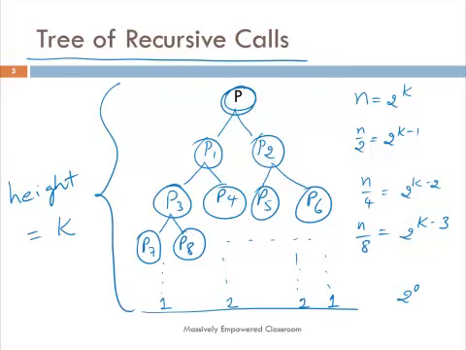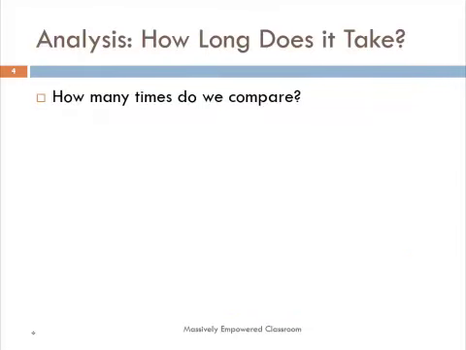So divide and conquer is typically implemented recursively, which results in a tree of recursive calls as we saw here. So how do we analyze the complexity of this? How many times do we do any elementary operation such as comparison or some other operation depending on the algorithm? If we write that as a function t of n, where n is the size of the original problem P, right?